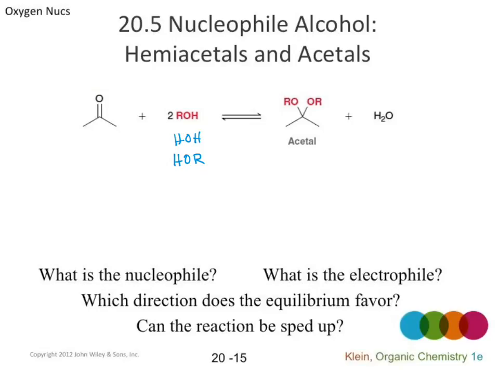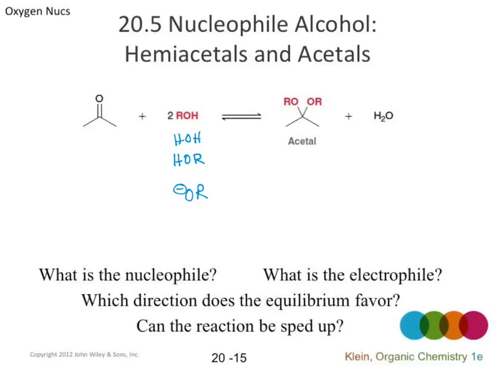There is no difference. The mechanism is exactly the same. You're still activating your electrophile by doing an acid catalyst, and we protonate our carbonyl oxygen, or we go under base catalyst, in which case we remove the hydrogen from our alcohol, and we generate our alkoxide. There's our strong nucleophile.